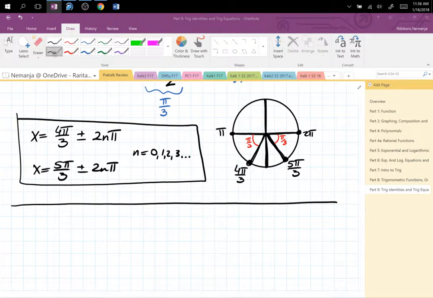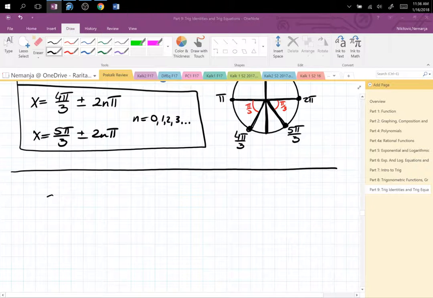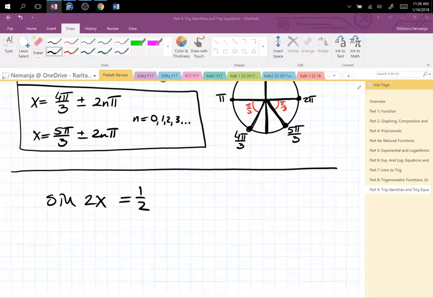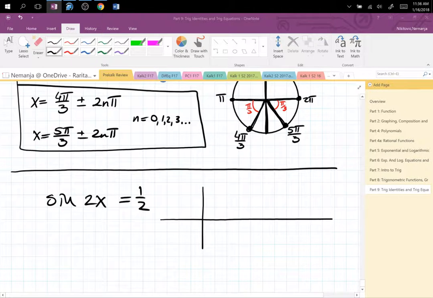So if I go and say sine of 2x equals 1/2 now, this problem is different. Now sine 2x, if you remember, I said it already, the sine is going to be twice as fast. I'm just going to draw a little bit of it.